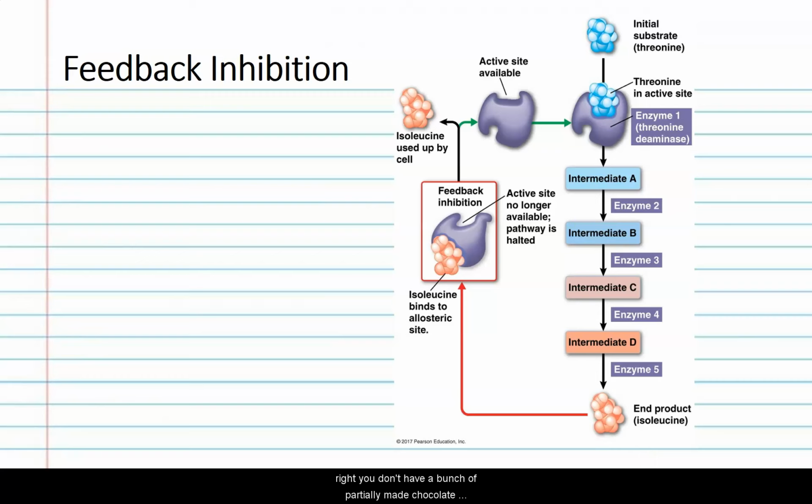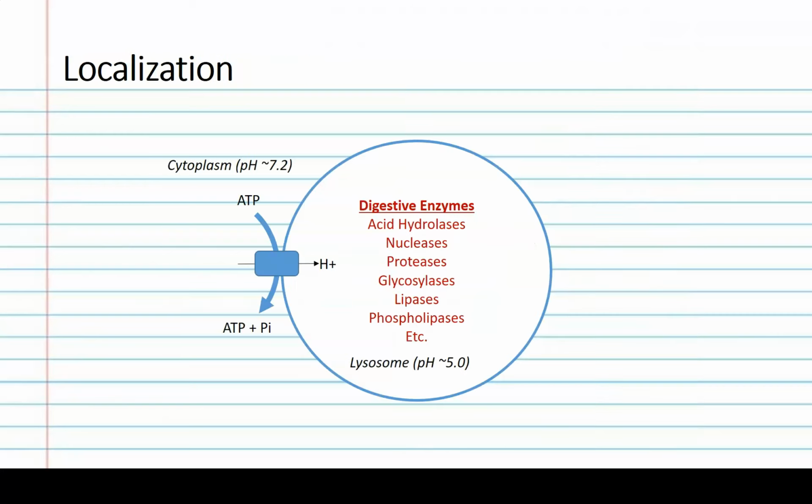You don't have a bunch of partially made chocolate bunnies. That's essentially what happens when we have feedback inhibition. The cell is sensing that it has enough of a given product in a pathway, and it uses that excess to turn off the first enzyme in the pathway.